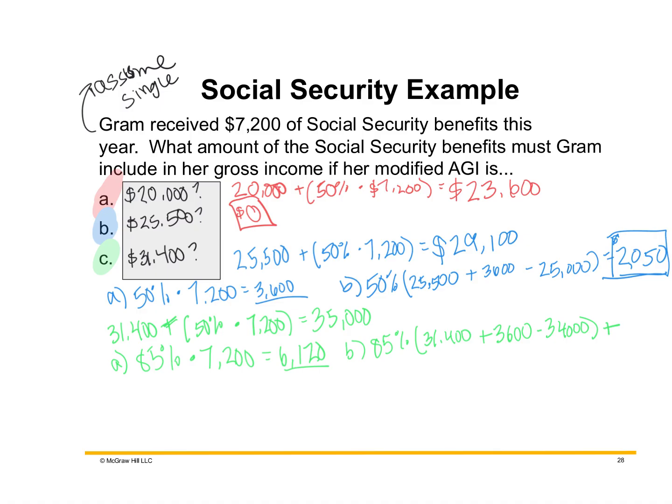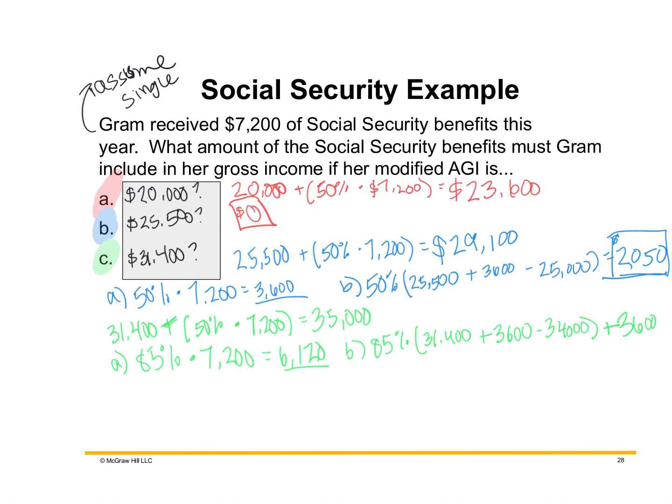For that last little piece that we need to add, we are comparing $4,500 or $3,600, because that is the 50% of our $7,200 of Social Security benefits. So the lesser of those two numbers is 3,600.